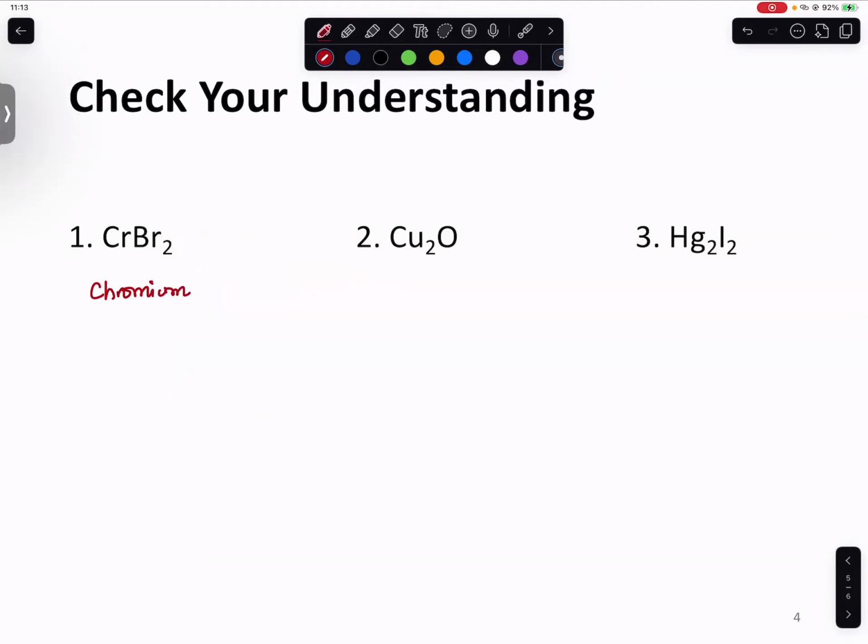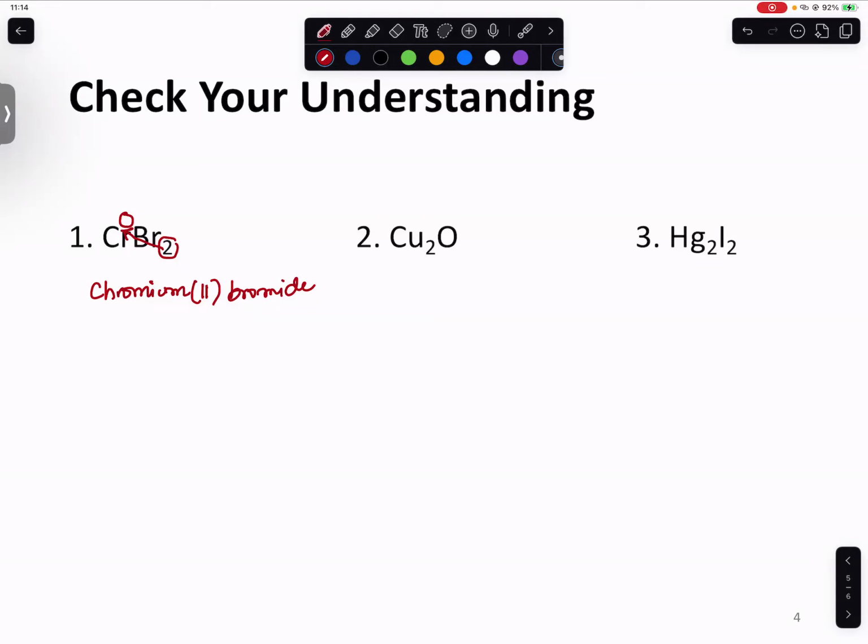Since chromium is a transition metal, and transition metals usually have variant charges, remember when we were using the crisscross method, the charge becomes the subscript of the other ion. So in this case, this must be the charge for chromium. So it becomes chromium(II) bromide. Bromine is the nonmetal, and we convert the name of the anion to bromide.